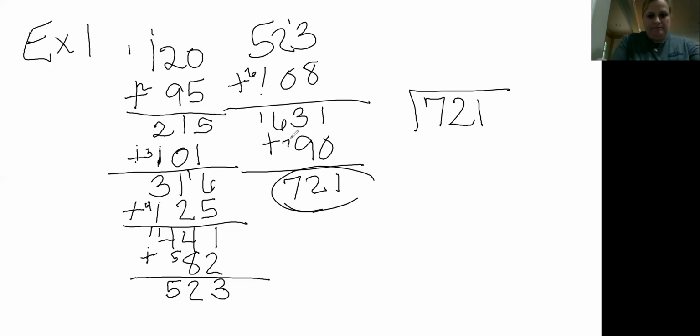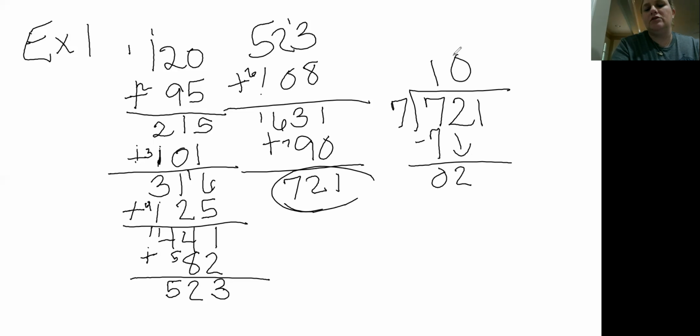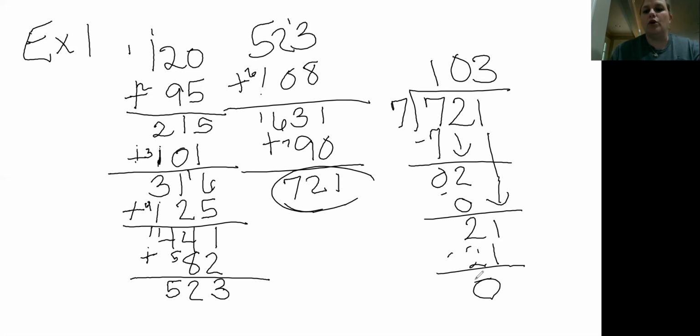That's 7. So divide it by 7. 7 goes into 7 once. 1 times 7 is 7. Subtract, bring down, can't do it. Subtract, bring down. So your answer for what is the average number of text messages is 103.